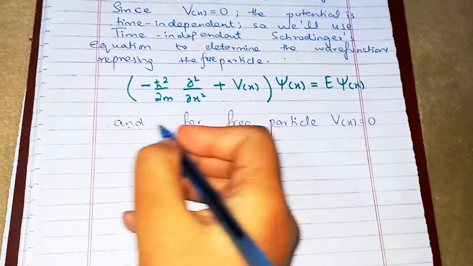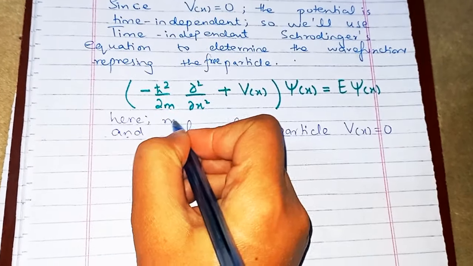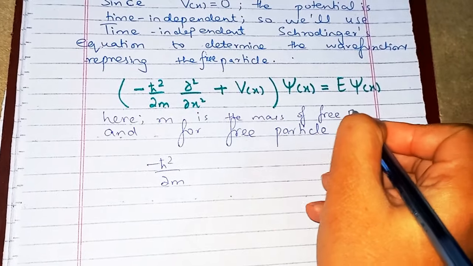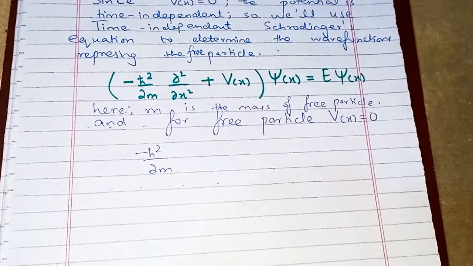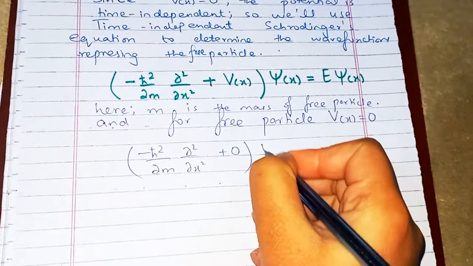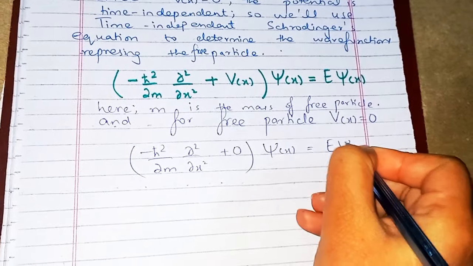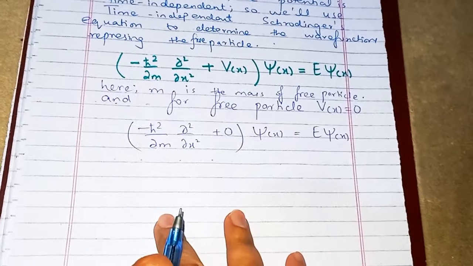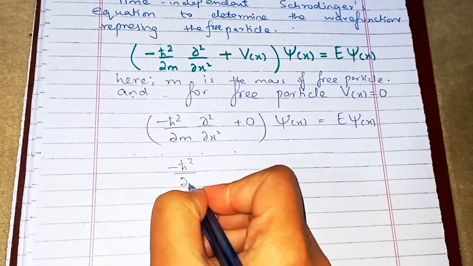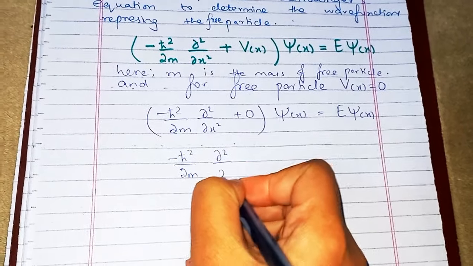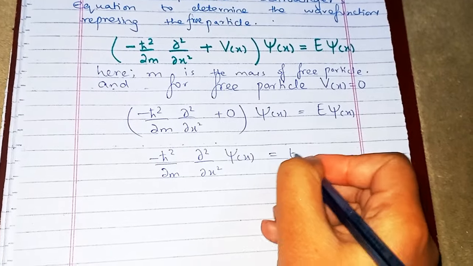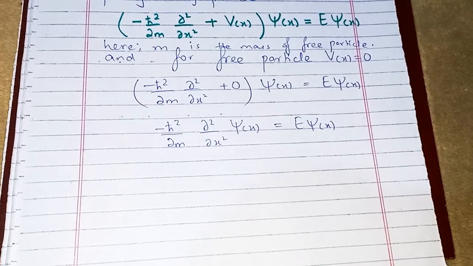So minus h square by 2m, partial square by partial x square, plus 0 into psi of x equals E times psi of x. E is the energy of the free particle, E represents the energy state of the free particle. This 0 just vanishes and we are left with this equation.